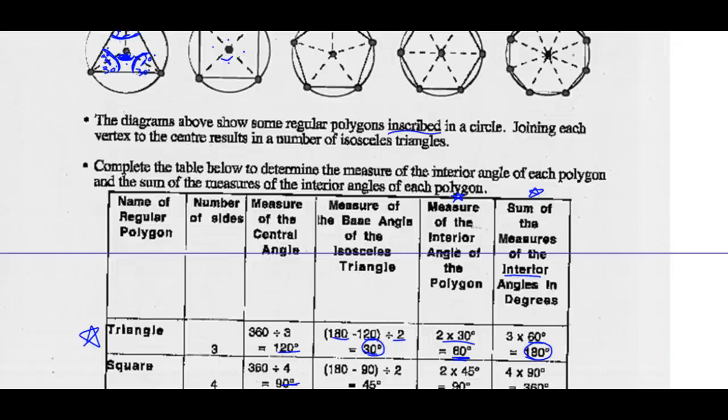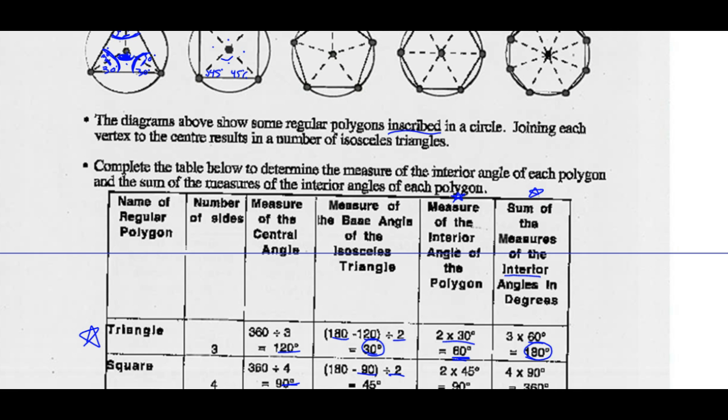What is the base angle of each of these isosceles triangles then? Well, we do the same thing. We know the sum of the angles in the triangle is 180 minus the central angle, so 180 minus 90 is 90, and divided by 2 because these 2 angles are equal, and they come up to be 45 degrees.